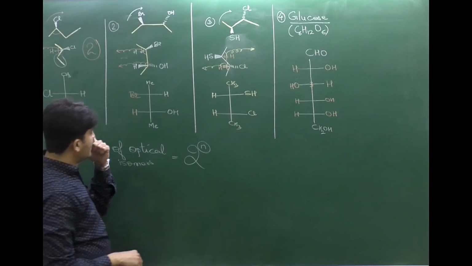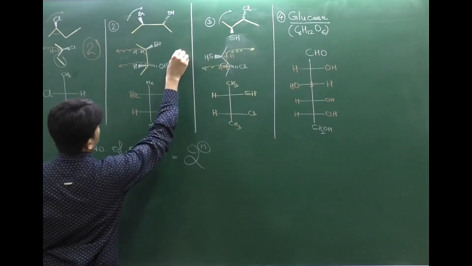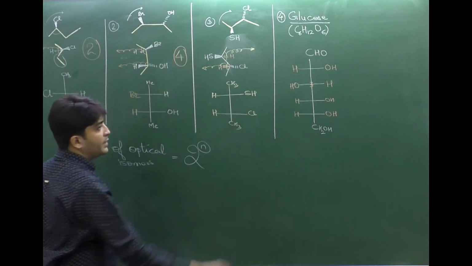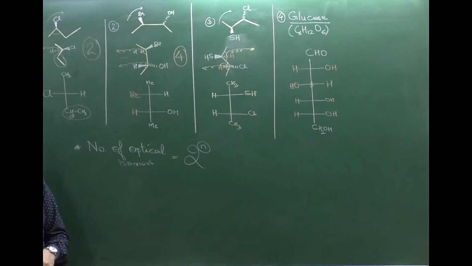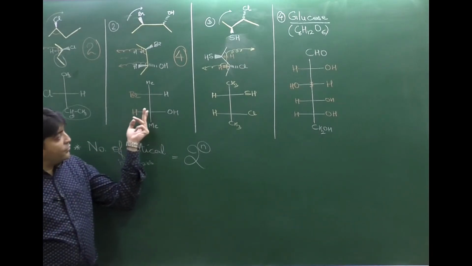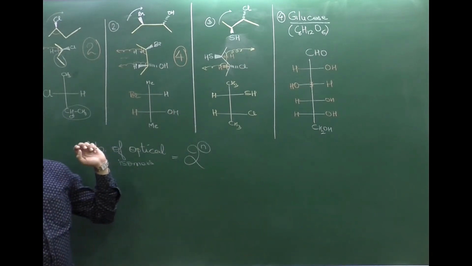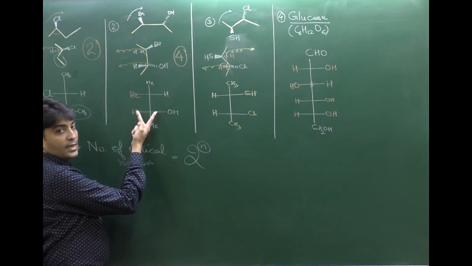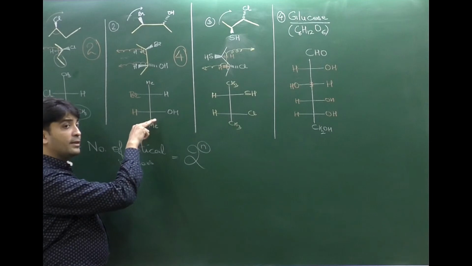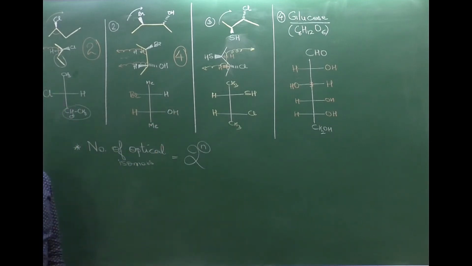In the second case, since I have 2 chiral centers, the total isomers would be 4. One of them will have this representation. Second would be its mirror image. Third, when you swap the valencies OH and H, and fourth will be after swapping the mirror image. So that would be 4 possible structures of this 2 chiral center compound.